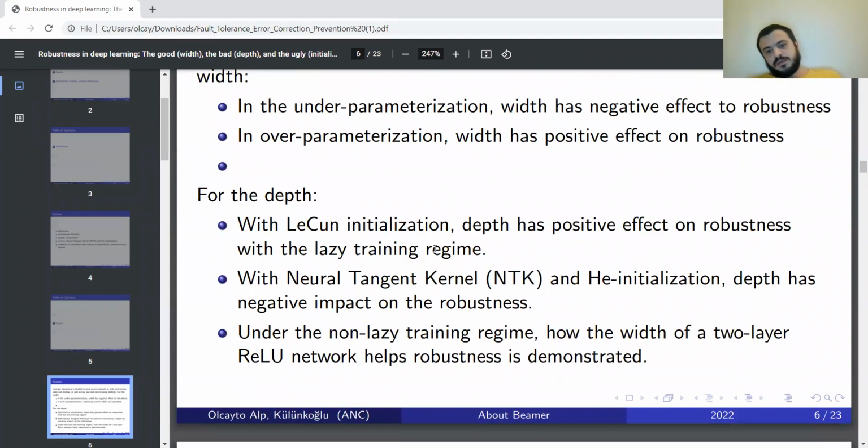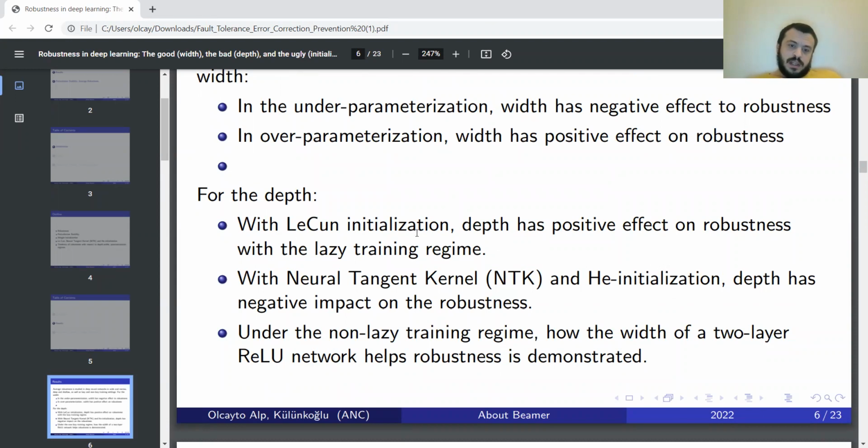For the depth, this is what I find interesting. For the depth, only with the LeCun initialization, this is the LeCun neural tangent kernel, and the He initialization. Initialization is weight initialization, so how the training starts, the distribution of the weights of the neural network.